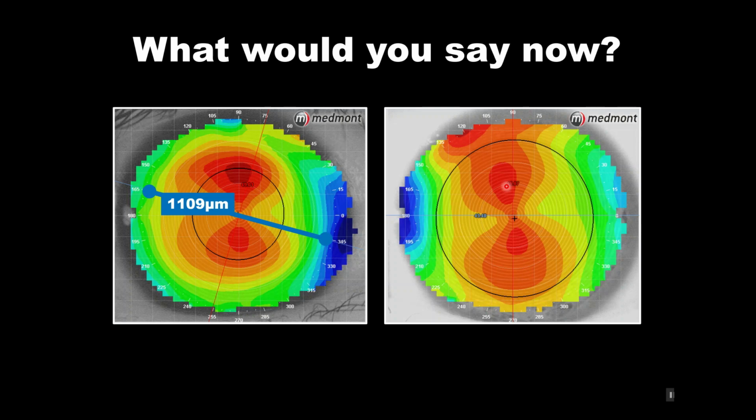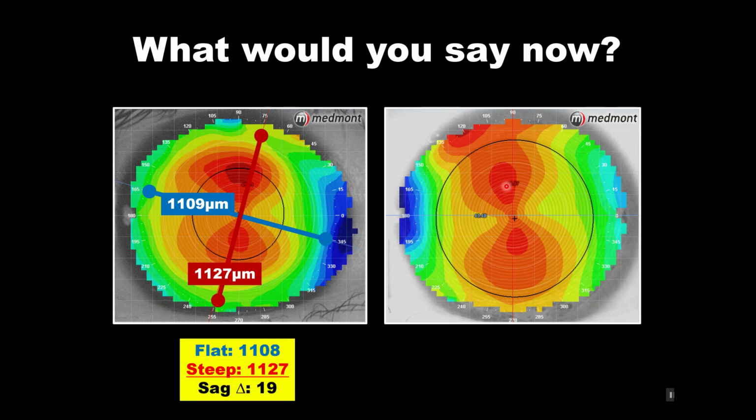Well, let's measure sagittal depth. How are these eyes different in the periphery? Not so much corneal astigmatism, how are they different where the lens would land? So let's measure the sagittal depth of the flat, the sagittal depth of the steep, and the difference. In this case, this apical astigmatism only has 19 microns of sagittal differential all the way around.